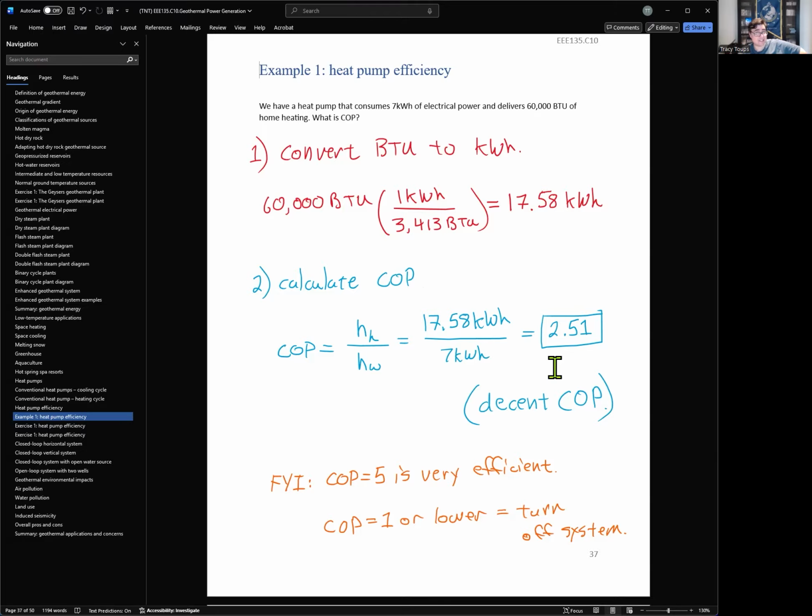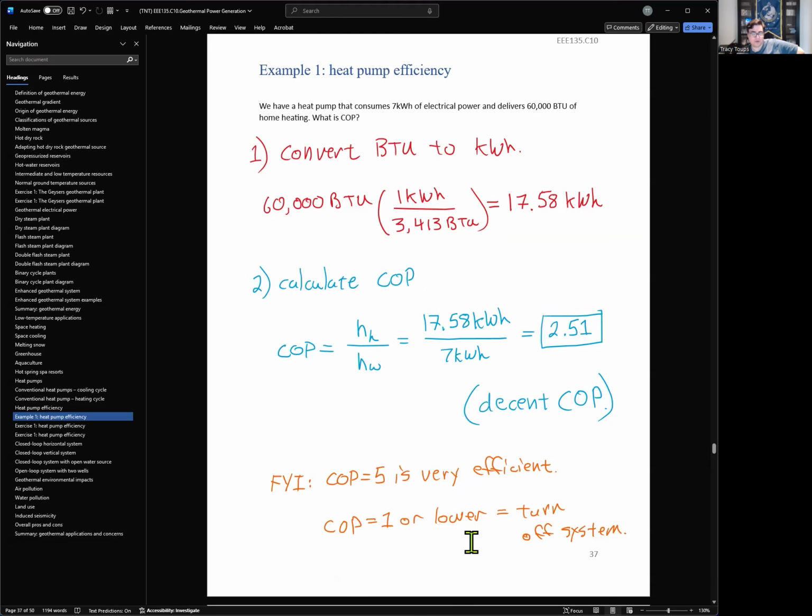So this is a decent system because I'm getting free energy per se, or free heating per se. FYI, a COP of 5 is considered very efficient. A COP of 1 or lower means turn off the system. So that's kind of the ranges you're looking at.